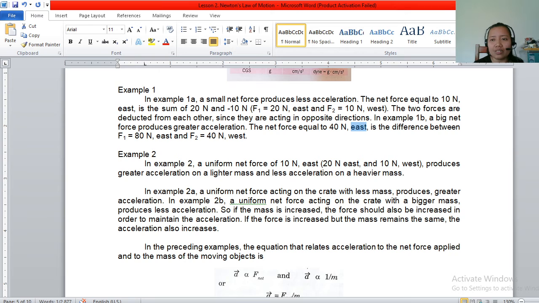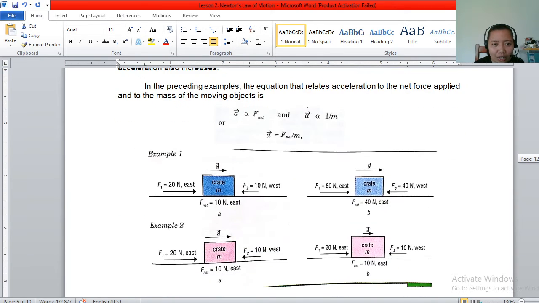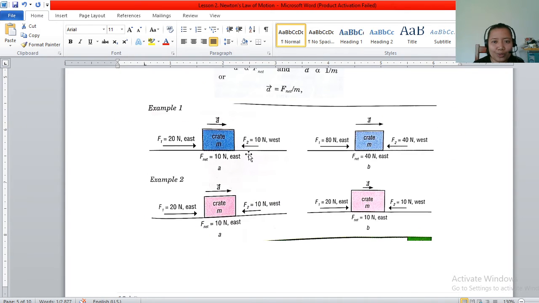Okay. So, if you look at our illustration, ito po, sa east going to east po at saka going to west, since ang east ay positive at ang west ay negative, so positive po ang result kasi mas malaki yung east. While in our second example, this part here, ang going to east ay malaki din at saka going to west ay maliit.